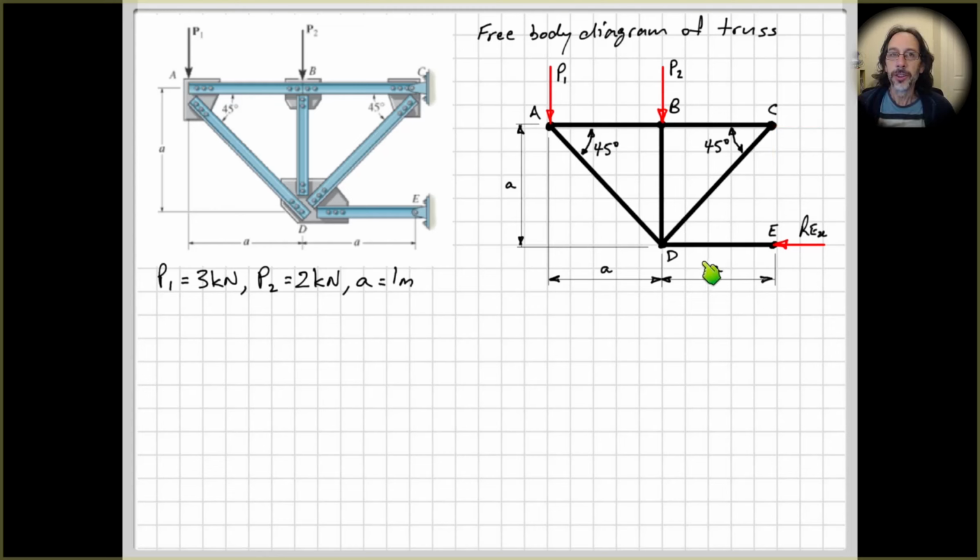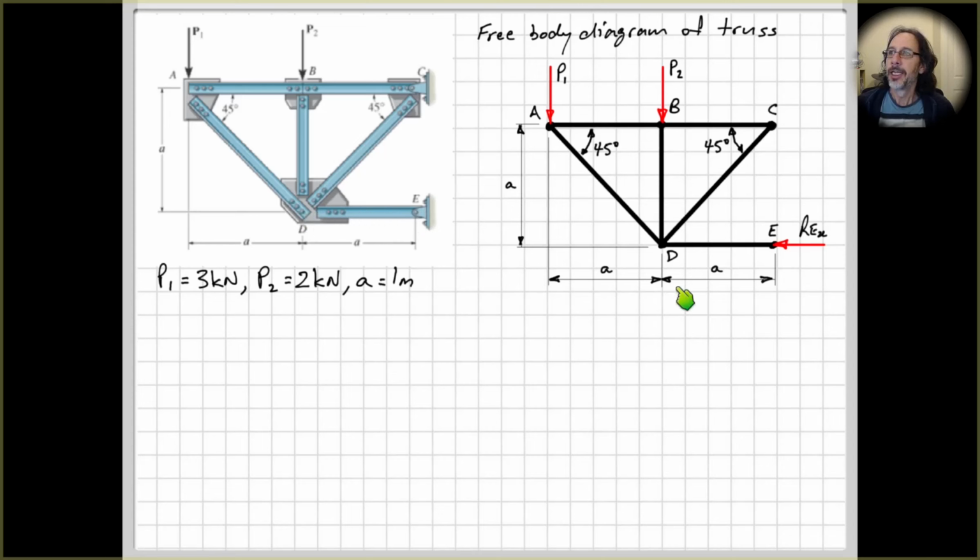Previously, you should have looked at two force members in equilibrium. If we're assuming that it's pin connected at D and pin connected at E, and assuming the weights of the members are negligible for now, then this is a two force member. If it's a two force member in equilibrium, then the force acting on this member at these two points, the force here at E must be equal and opposite the force here at D, and collinear.